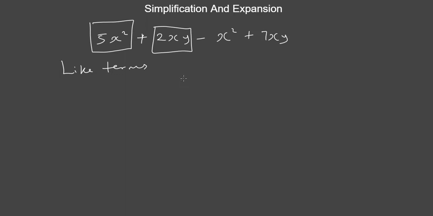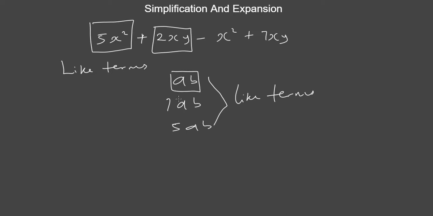So think about it this way. If I have something like AB and 7AB and 5AB, they are all like terms. They are very much alike. Why are they alike? Because they have the same variable, AB, AB, AB.